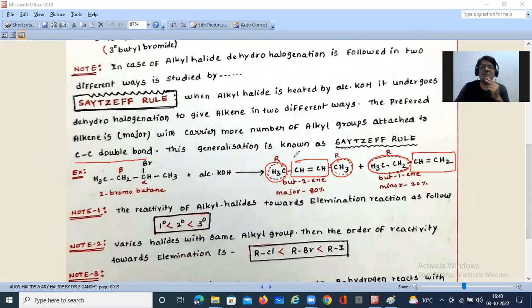So that can be generalized as the CLASS-XII rule. So here it consists of two alkyl groups. That's why it can be named as the major product, right? 80%. See here, there is one note.